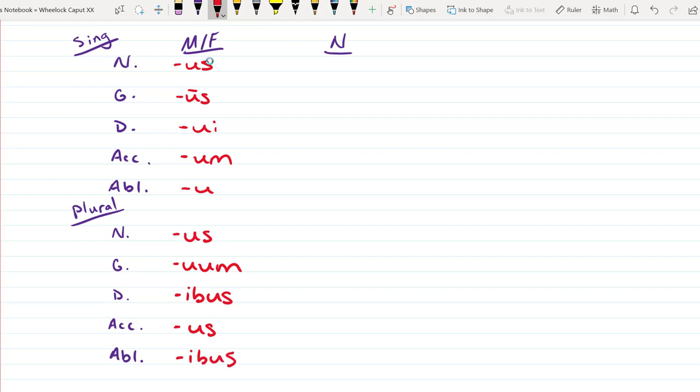So if you notice here, most of these have that U right before one little ending. Really, the only place that doesn't is your dative and your ablative plural.